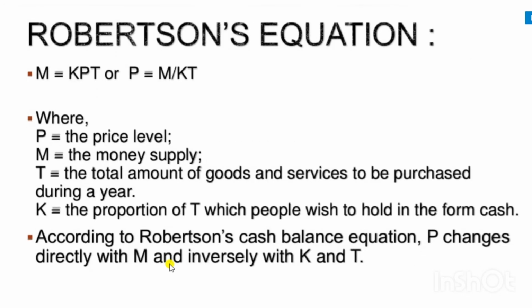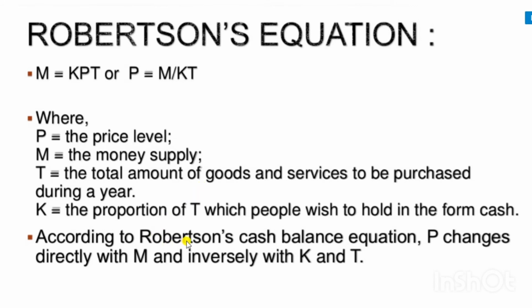Now, we are studying Robertson's equation. According to his equation, M = KPT, which means that here P is the present price level, M is the money supply, T is the total amount of goods and services to be purchased during a financial year, and K is the proportion of that total amount of goods and services which people wish to hold in the form of cash.